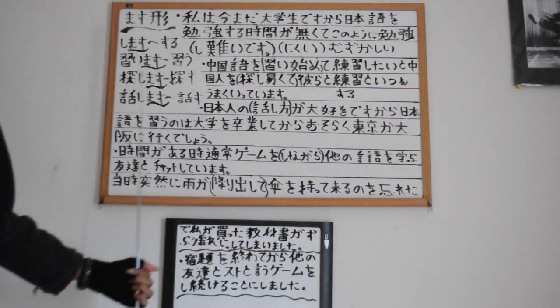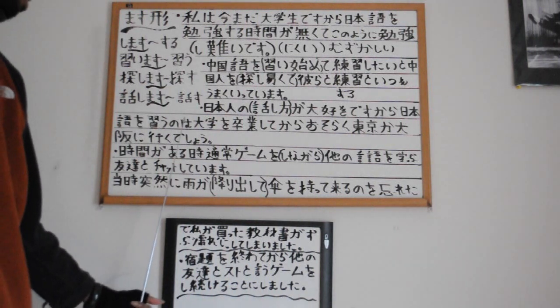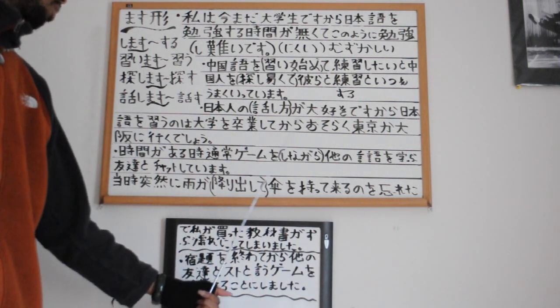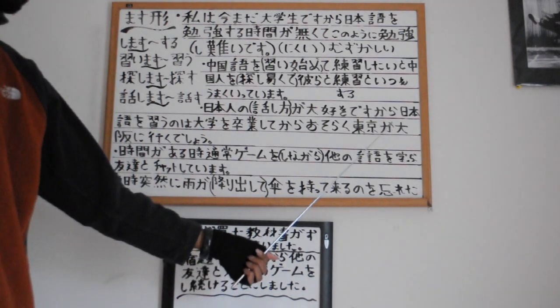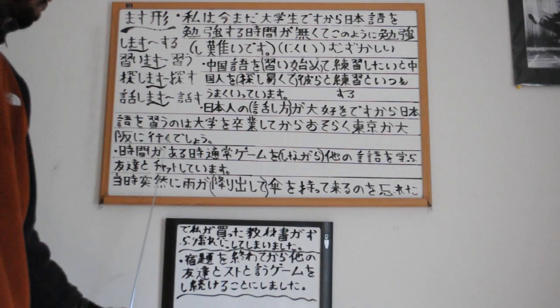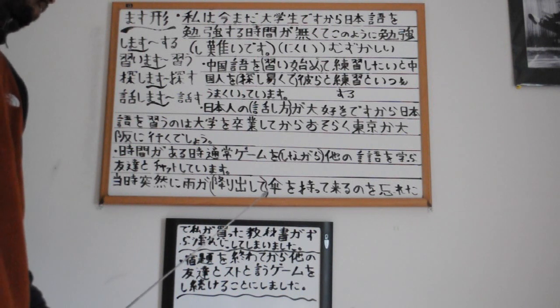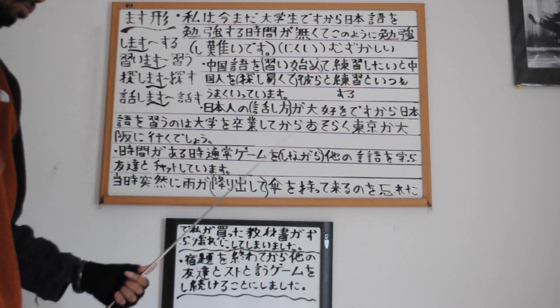Nihongo o narau no wa, to learn Japanese, daigaku o sotsugyou shite kara, after I graduate from the university, osoraku, perhaps, Tokyo ka Osaka ni iku desho, perhaps I will go to Tokyo or Osaka. Again, I really like the way Japanese is spoken.